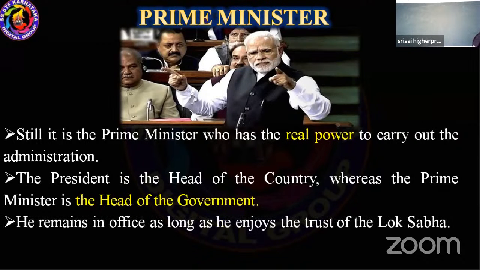He remains in office as long as he enjoys the trust of the Lok Sabha. If they would like to continue for that particular period of time, meaning 5 years in power, they should have the trust of the Lok Sabha.